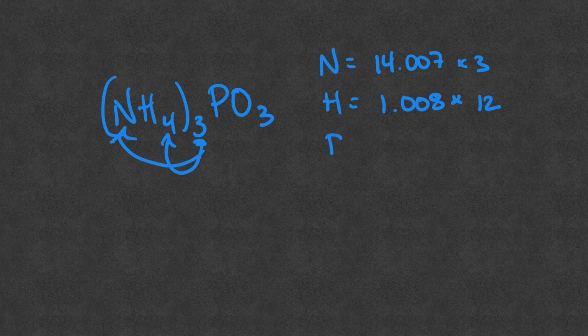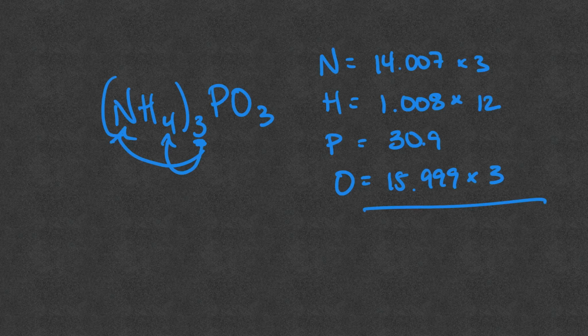We have phosphorus, which has a molar mass of roughly 30.9, and there's only one of them. And oxygen has a molar mass of 15.999, and you just multiply that number by 3. When you add them up together, you'll get the molar mass of ammonium phosphite.